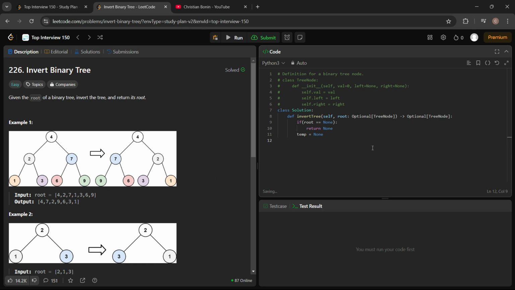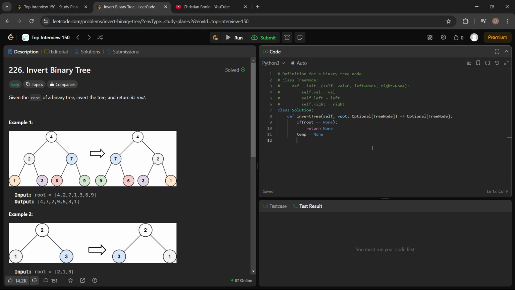So, and we're going to do this if either side has a node there. If neither side has a node, we don't need to keep going with the algorithm. We can just return the root at that point.